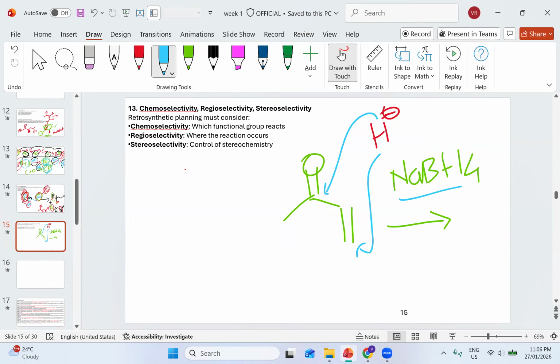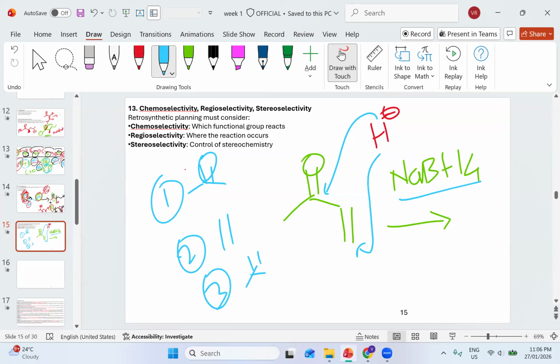So if we are using NaBH4, that's the source of hydride. So what are the options? The first possibility is it can attack on the carbonyl. Second option is it reacts on the double bond, and third is both, carbonyl plus double bond.